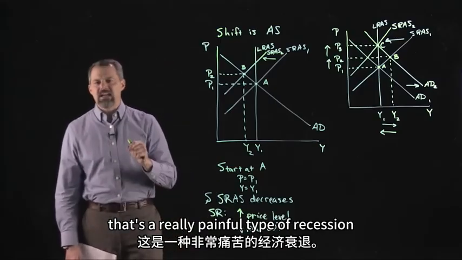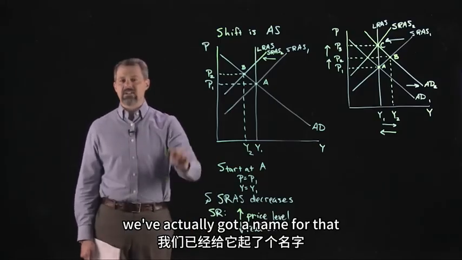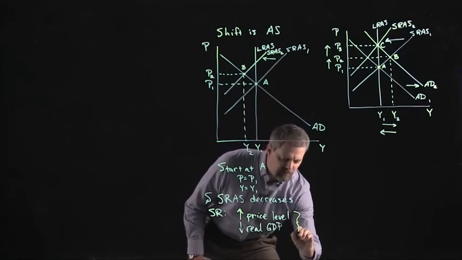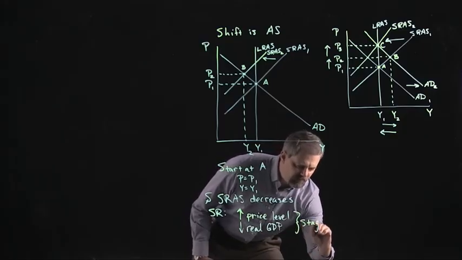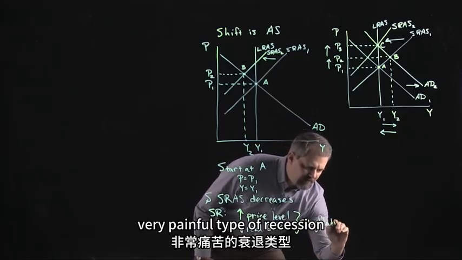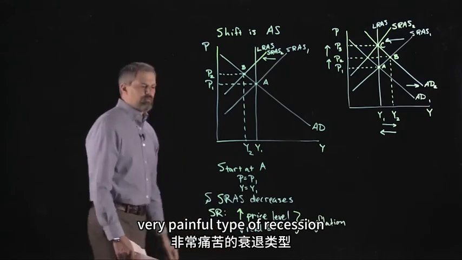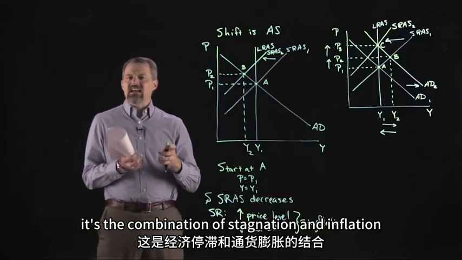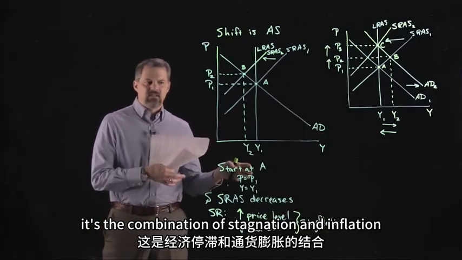That's a really painful type of recession, and we've actually got a name for that. We call this stagflation. Very painful type of recession. It's the combination of stagnation and inflation.